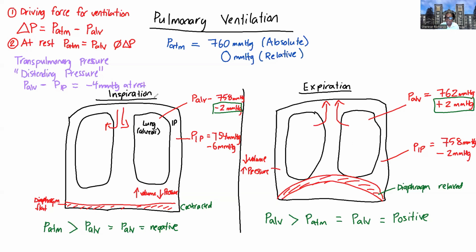Okay. And then in between these phases, we have rest. So alveolar pressure becomes 0 at some point, right? It's going to go from 0 at rest, then it swings positive for expiration, then it comes back to 0, then it swings negative for inspiration. And again, we keep that sort of cyclical, rhythmic process for ventilation.